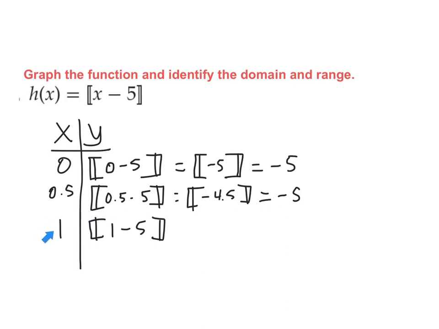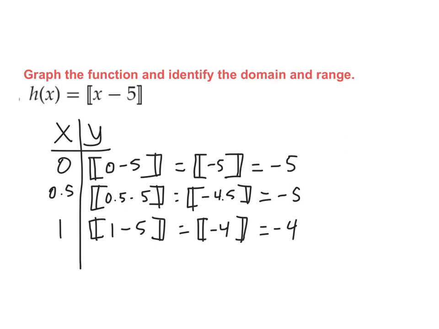But when I get to 1, this becomes the greatest integer function of negative 4. Well, what's true about negative 4? It's an integer. So therefore, that produces the same value. So what's happening here is in between 0, including 0, and 1, it keeps it the same, negative 5. But as soon as I get to 1, it takes it to the next value.